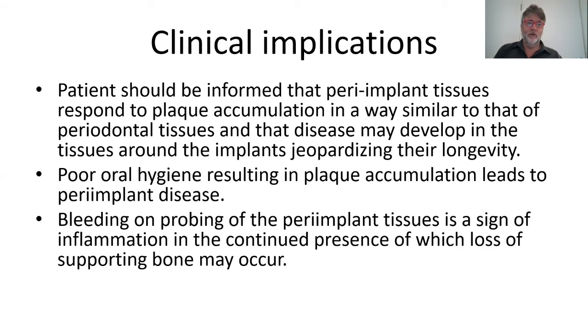It's got nothing to do with you. Poor oral hygiene resulting in plaque accumulation will go on to lead to your peri-implant diseases and your peri-implantitis. Bleeding on probing of the peri-implant tissues is a sign of inflammation, and its continued presence will result in bone loss if it's not stopped.